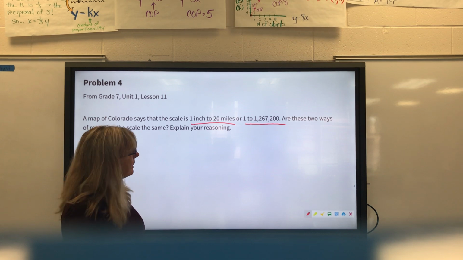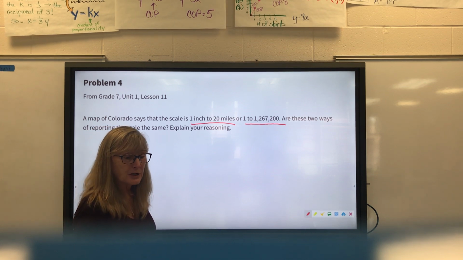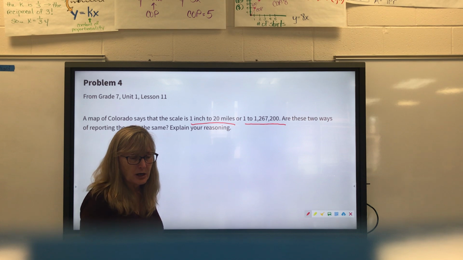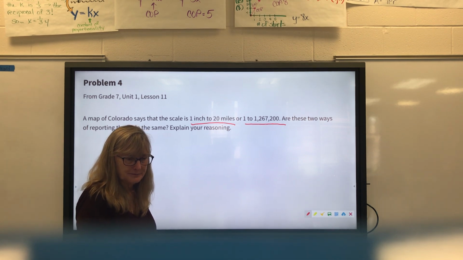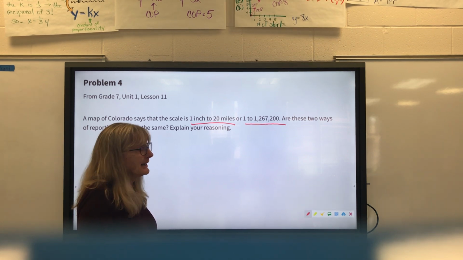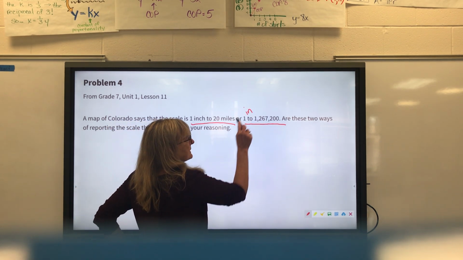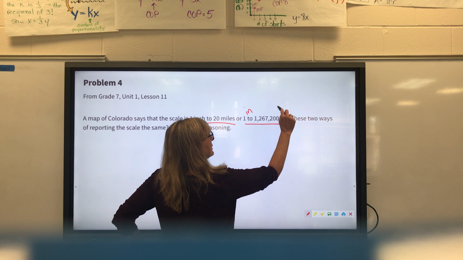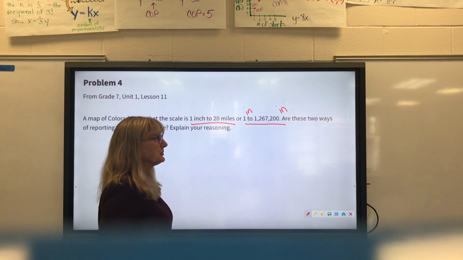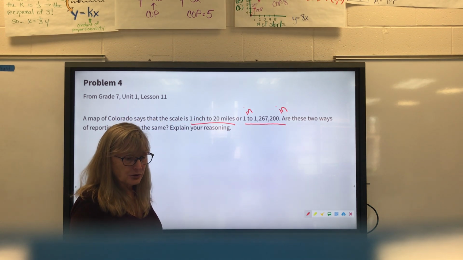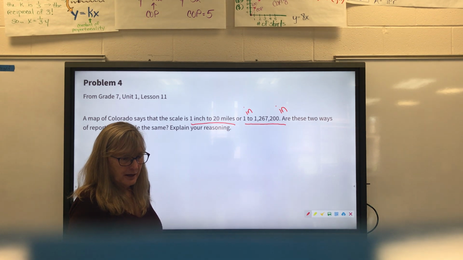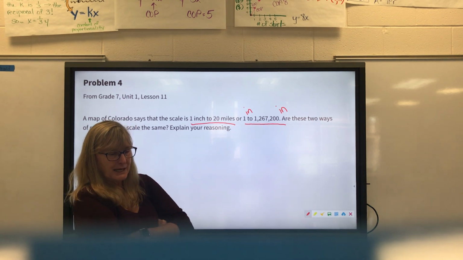It just gives the numbers. Okay, and when we don't have units, what do we know about the units? They'll be the same. If the picture is in miles, that means this is 1 inch to 1,267,200 inches.